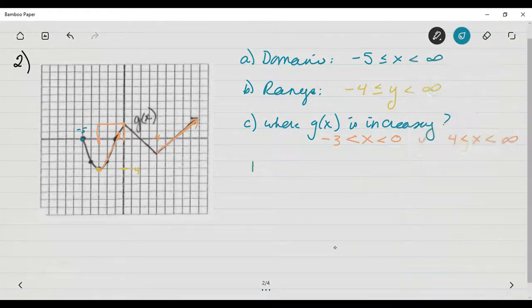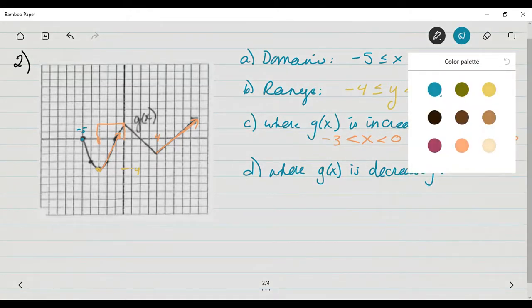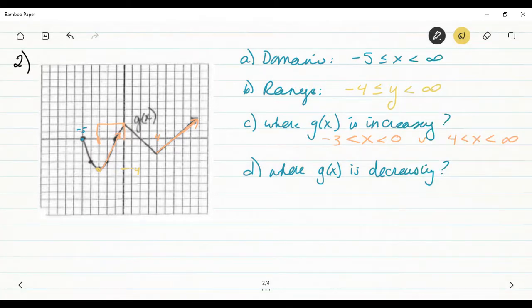Our next part D, we are looking for where g of x is decreasing. Decreasing intervals are where we would draw and go down. So that happens in the first part of our graph, starting at -5, we're going down in this direction.